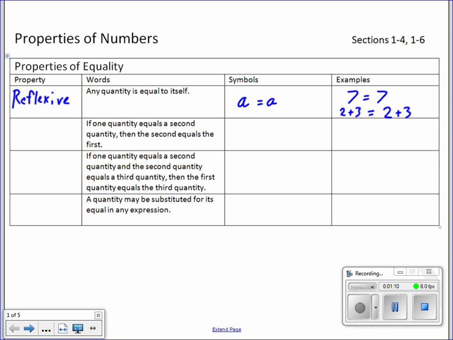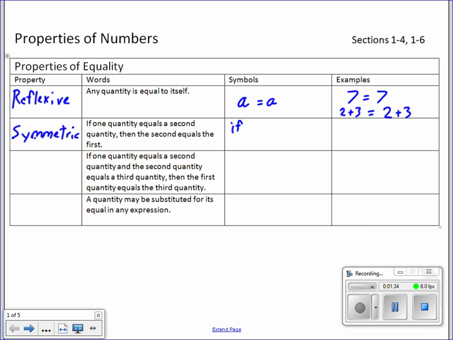Next one. One quantity equals a second quantity, and the second quantity equals the first. That is our symmetric property. Algebraic example.